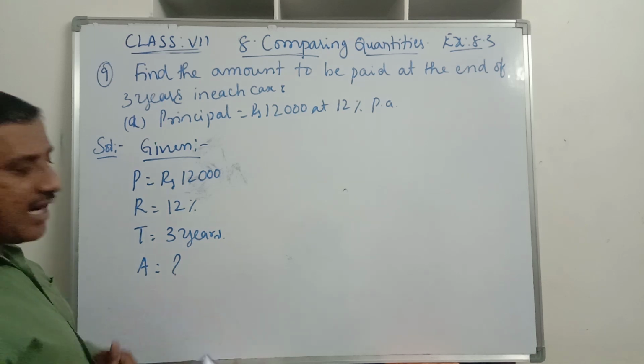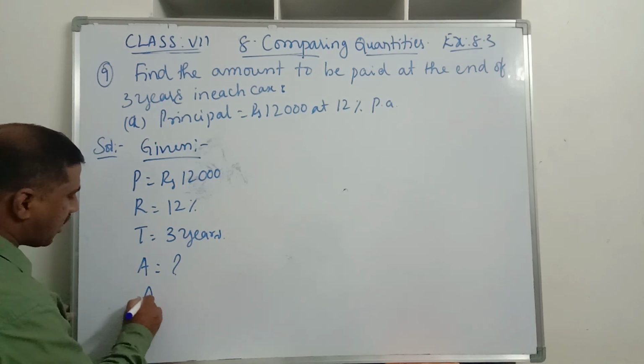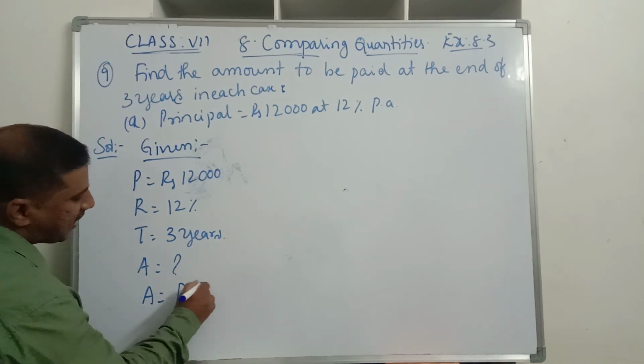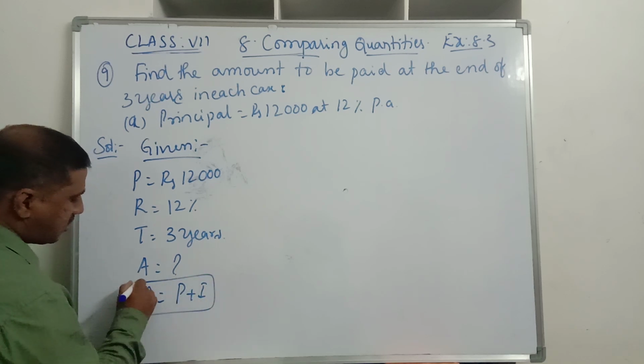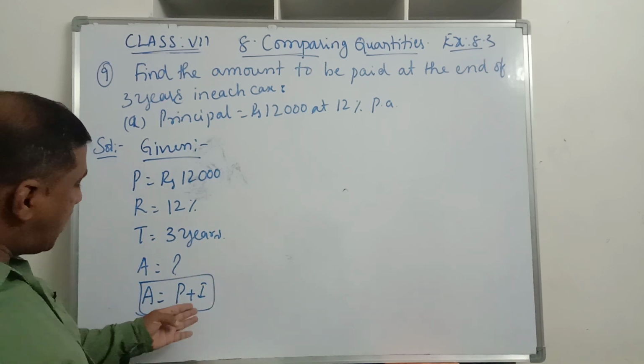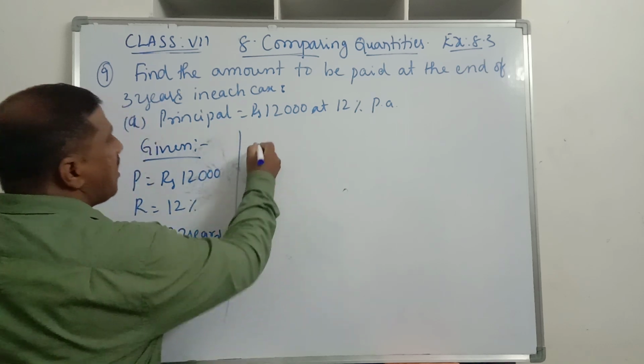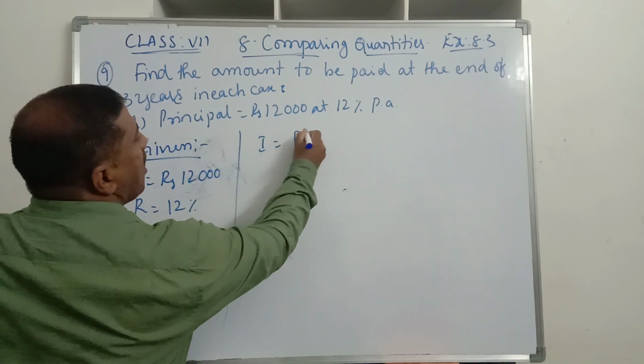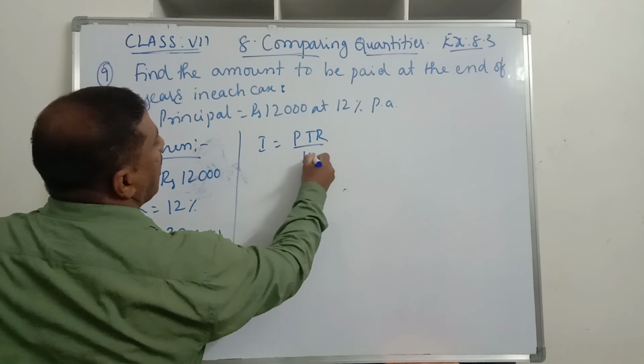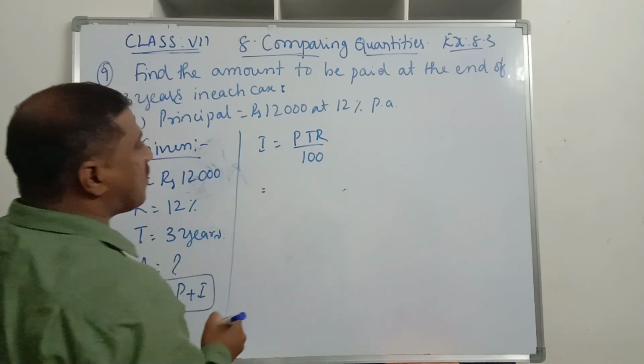So before finding amount, what is the formula to find amount? A is equal to P plus I, principal amount plus interest. Interest we don't know, principal only we know. So first you find the interest, that is I is equal to PTR by 100. Now substitute all the values.